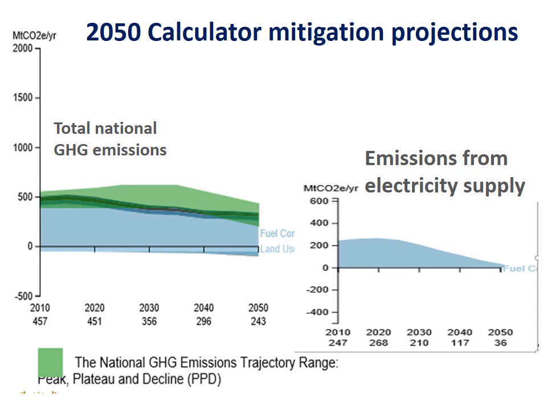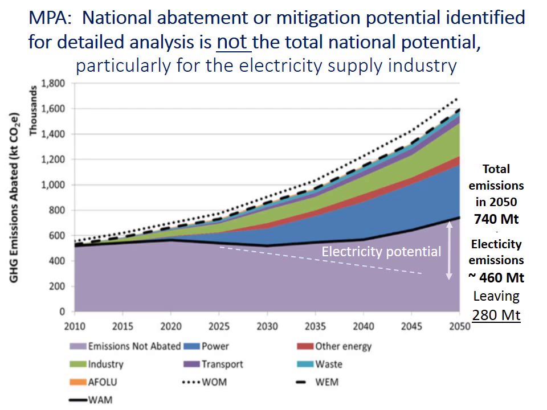The calculator, without the constraint applied to the MPA, can model complete decarbonisation of electricity supply by 2050, as shown on the right. This would utilise mitigation potential not included in the scope of the MPA modelling, including 460 megatons in 2050 from coal-fired electricity generation. Thus, full decarbonisation of electricity would bring emissions below mid-PPD.